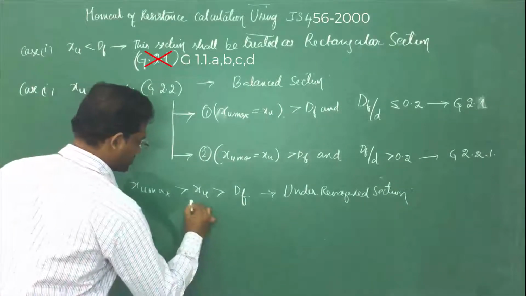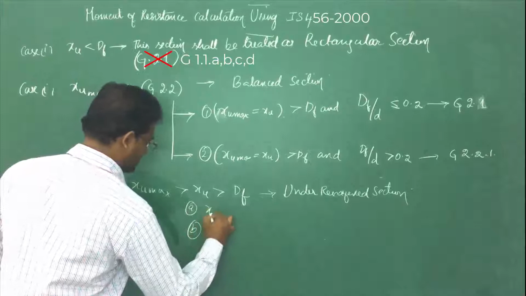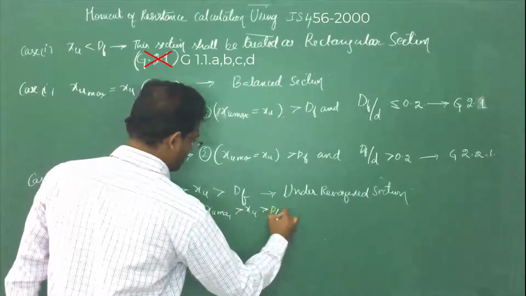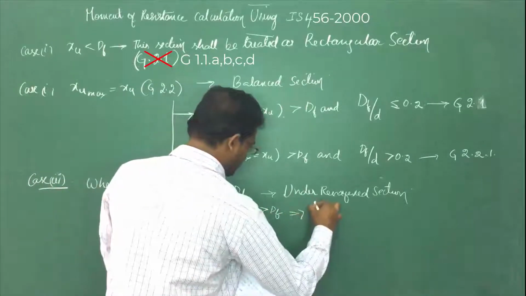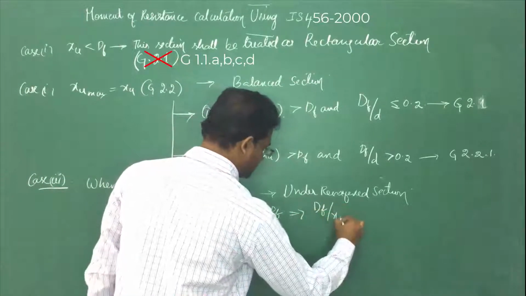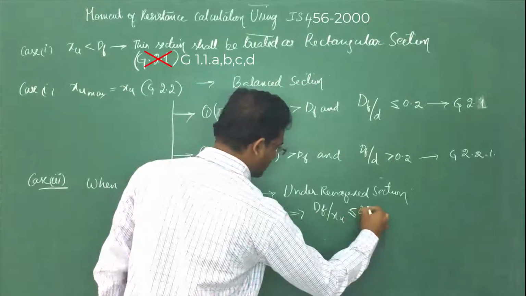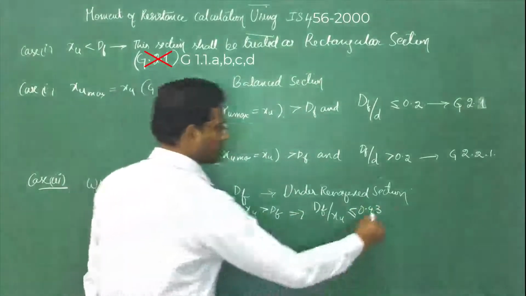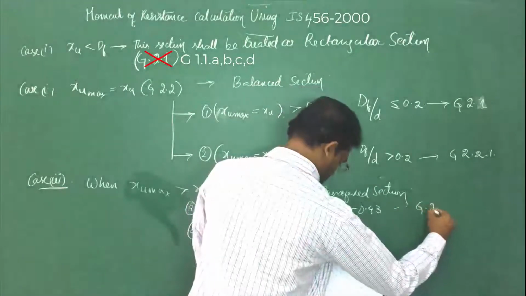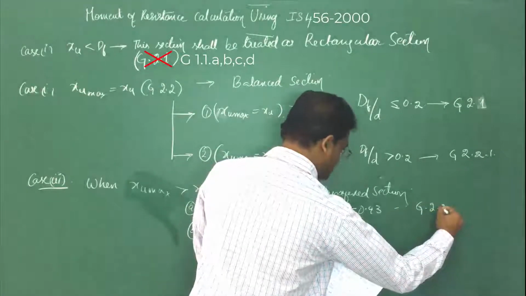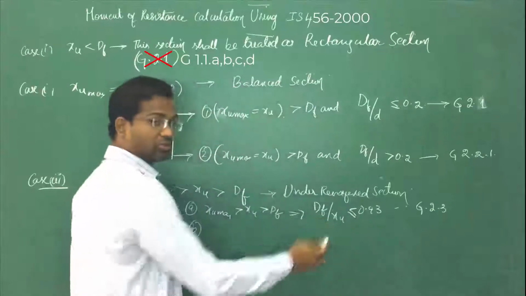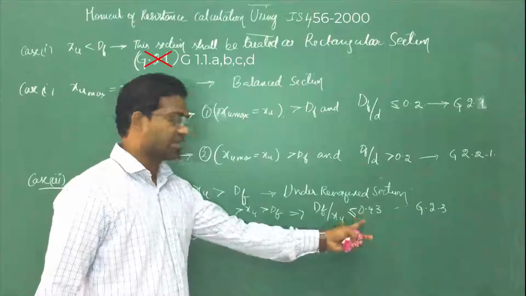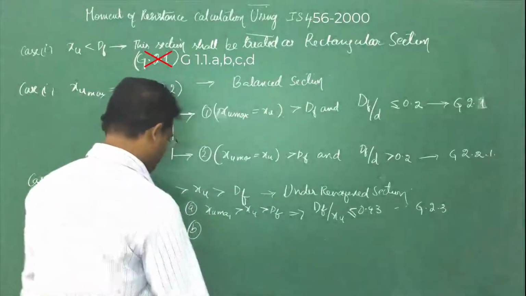In the under-reinforced section, we have two types: when Xu max is greater than Xu greater than Df, and when Df by Xu is less than or equal to 0.43. In the code book, this is given in clause number 2.3 as Df by Xu shall not be more than 0.43, which means it is less than or equal to.